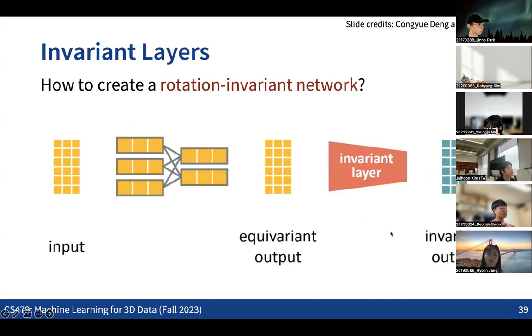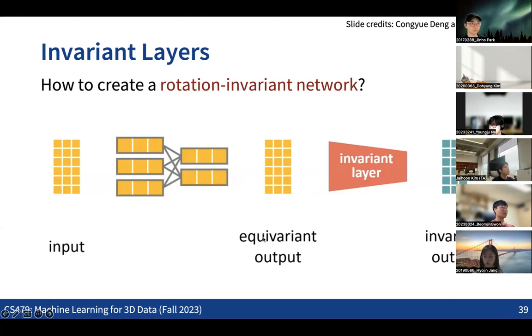One last thing is how we can also make a rotation invariant network, right? These are all the ideas for achieving rotation equivariant architectures. Based on that, we can simply make a rotation invariant architecture as well, with just one single layer that gives the same output, agnostic to any rotation that we apply to the input.